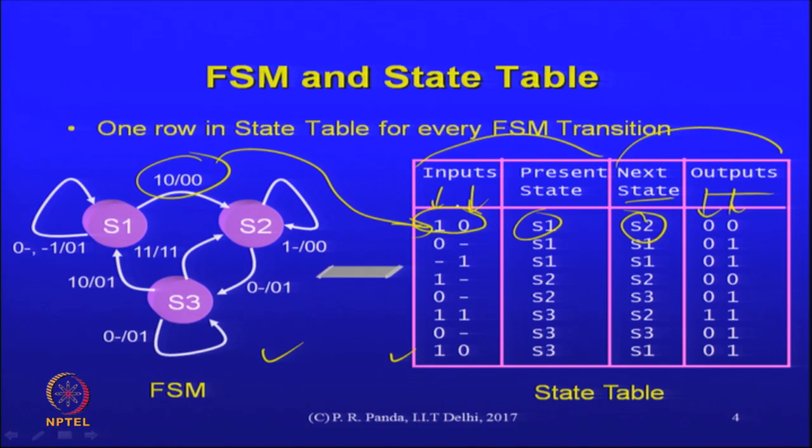Condition is 1 0, S1 to S2, that is the transition and the output is 0 0. So, for every transition that I have, I can expect a row that is capturing the same information. So, it is the same thing, FSM is fine, the diagram is okay from a visualization point of view, but from an automatic processing point of view, clearly that state table is something that will be useful.